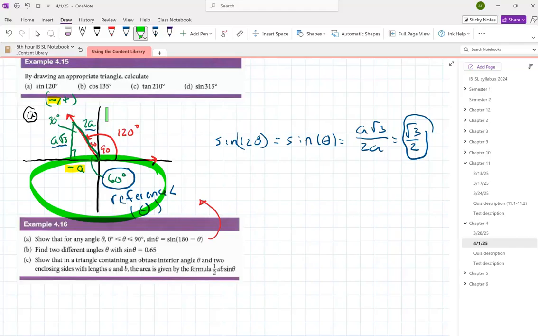I know for angles between 180 and 360, the sine is negative. But that reference triangle angle would always be positive. So that's the issue. So this works because sine is positive for all values between 0 and 180.